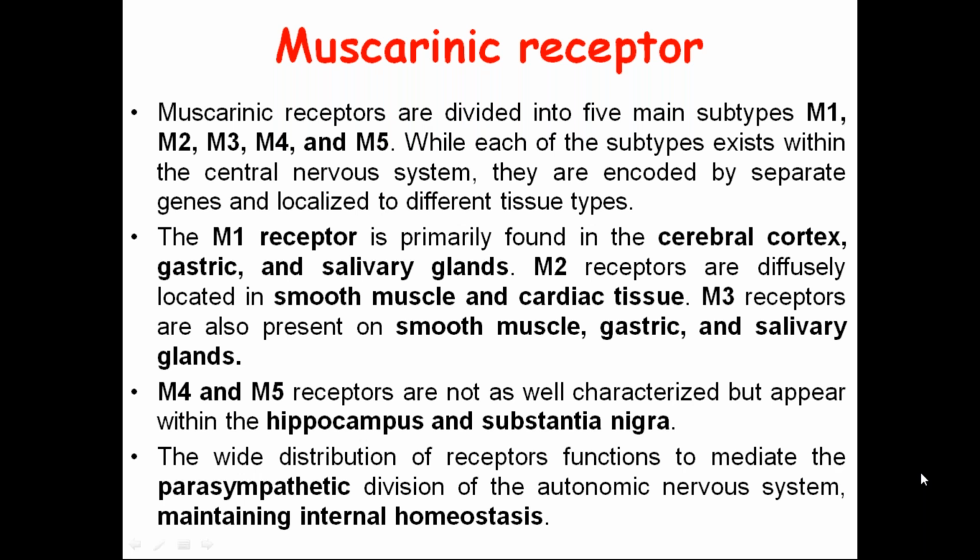Now, if we come to the muscarinic receptor, it is a 7 membrane spanning domain. But you will see here that it is written M1, M2, M3, M4, M5. These are actually the subtypes. They are of different configuration.